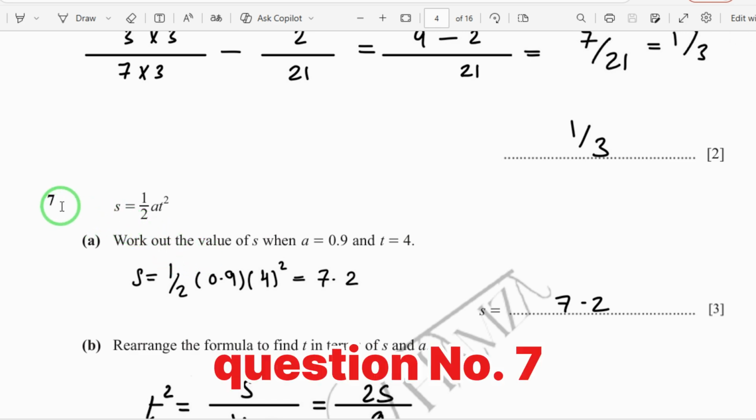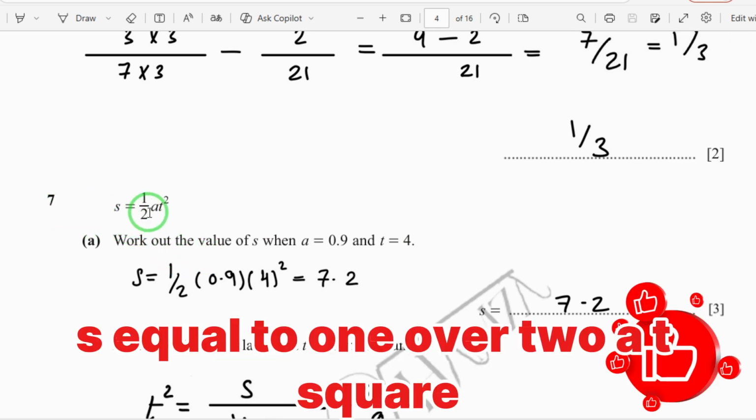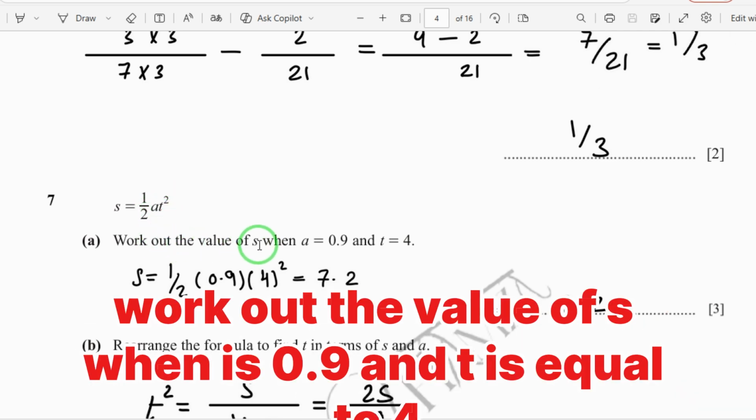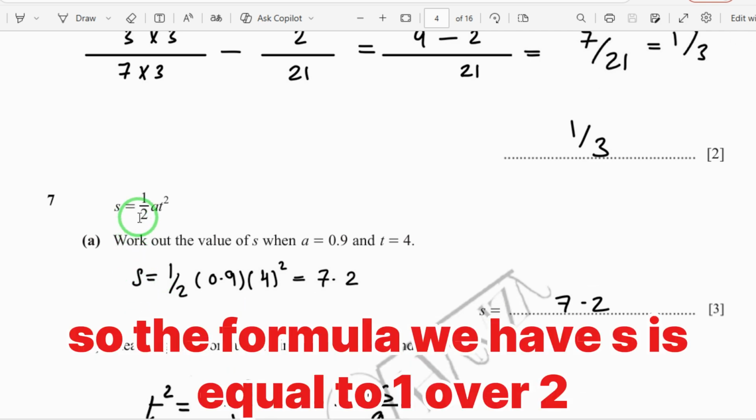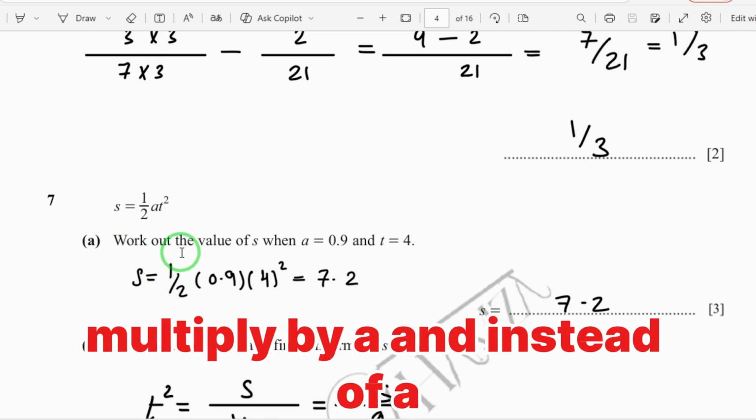Question number 7. s is equal to 1 over 2 a t squared. Work out the value of s when a is 0.9 and t is equal to 4. So the formula we have is s equals 1 over 2 multiplied by a.